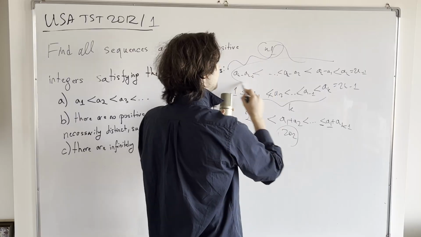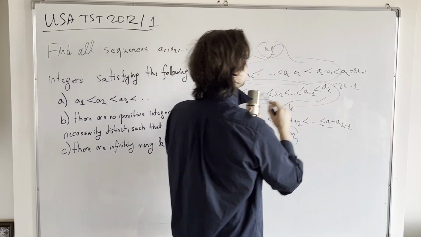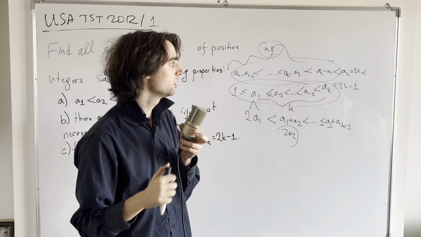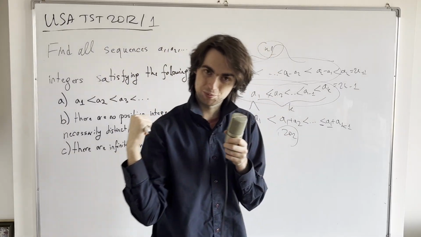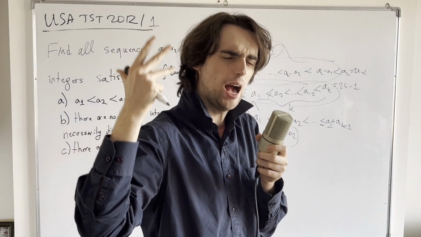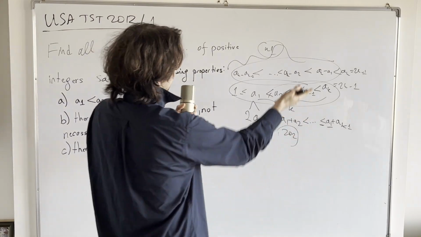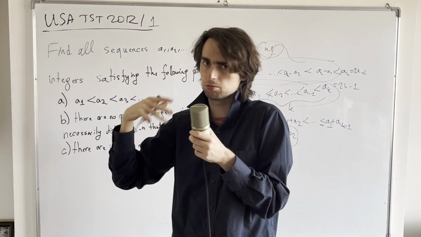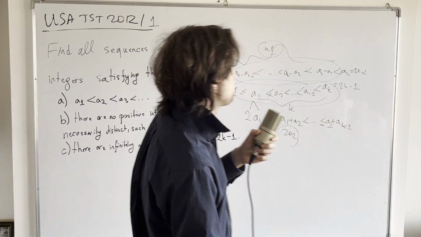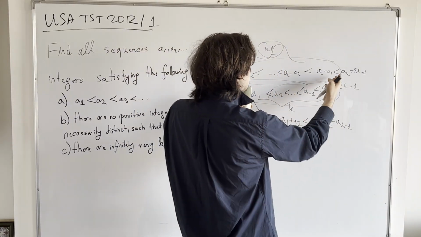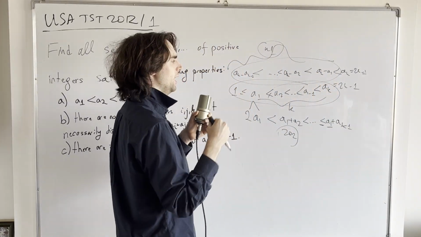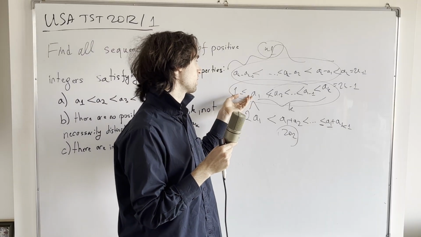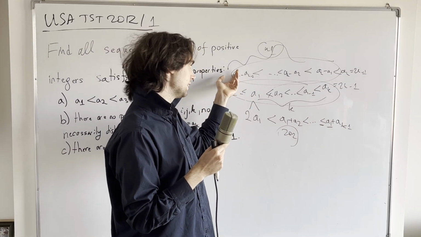So we know that among these numbers and these, we get all the numbers from 1 till 2k. How can we use that in any way, shape, or form? That is the next question. What does this imply also? Does it imply that if a_1 wasn't 1, well then that would imply that this is equal to 1.